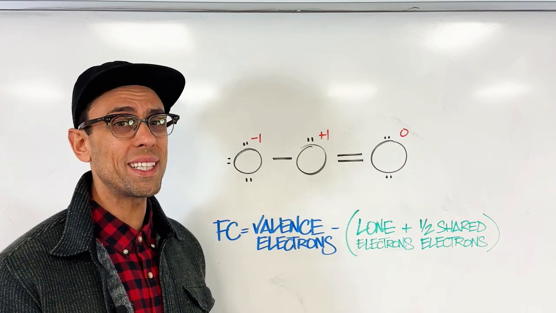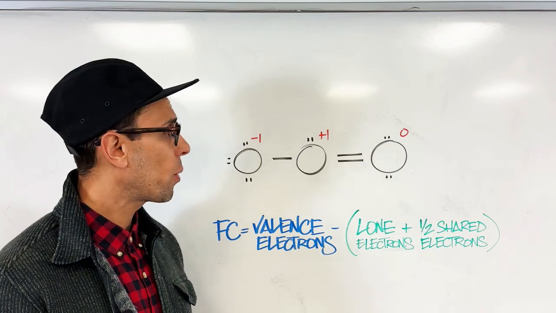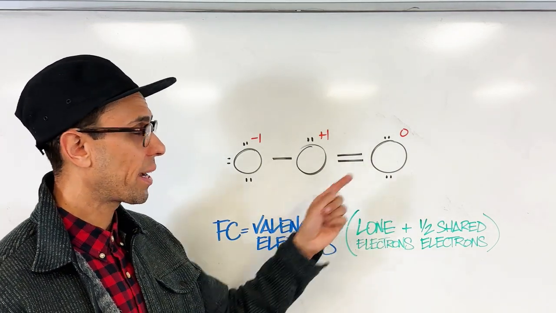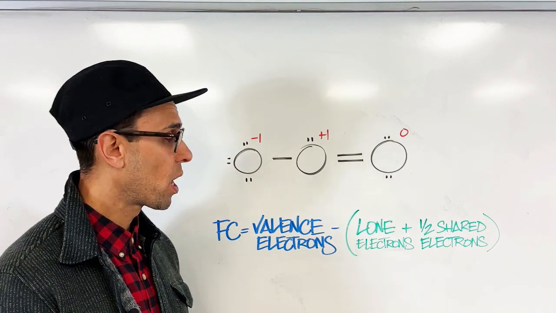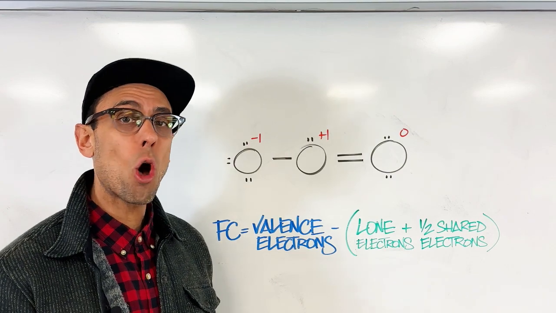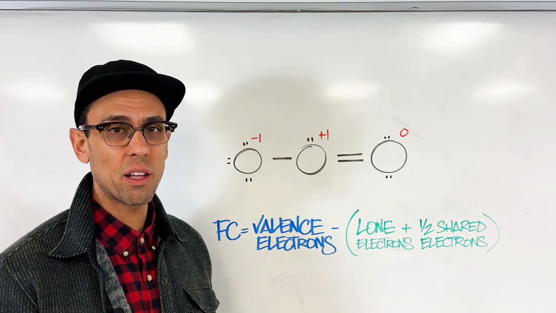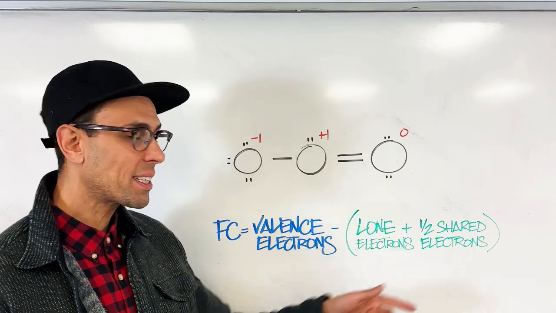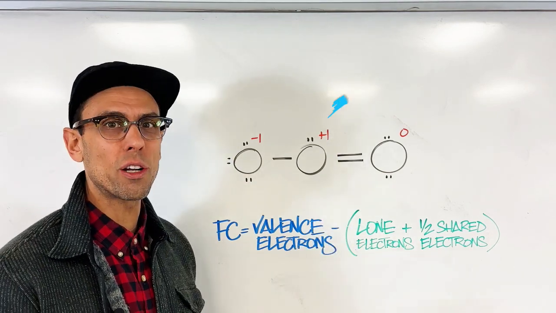But remember, we only take half of those. So we've got 4 lone electrons, 4 shared electrons, half of which is 2. So the total here would be 6. Now oxygen atoms always have 6 valence electrons. So for this first oxygen, we're taking 6, subtracting 6, and that gives us a formal charge of 0.